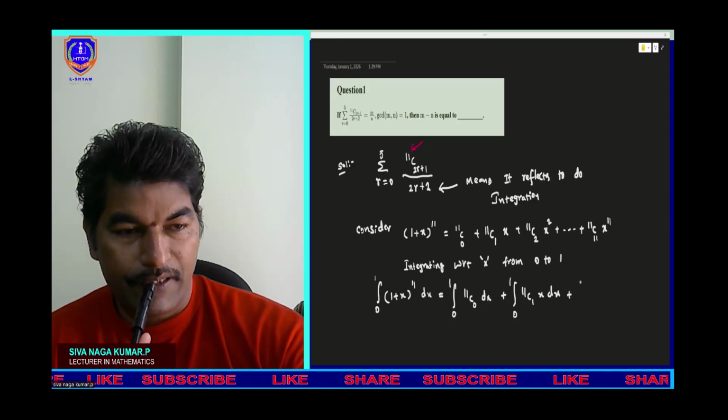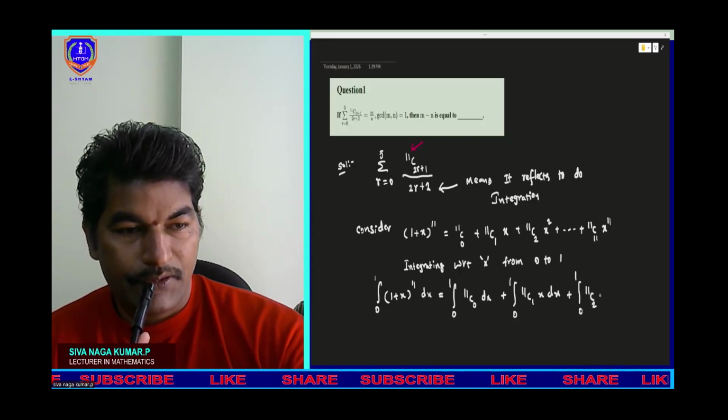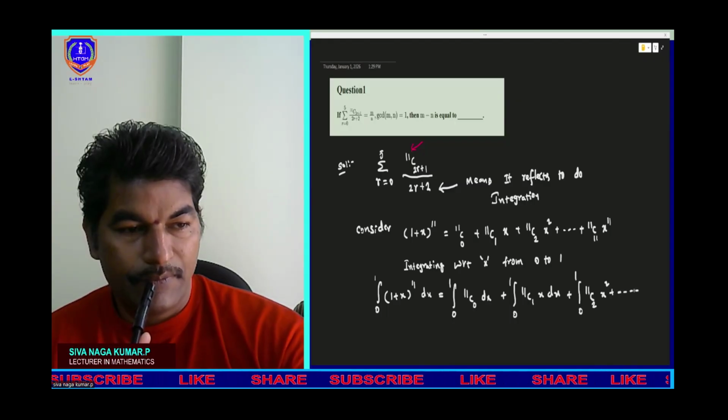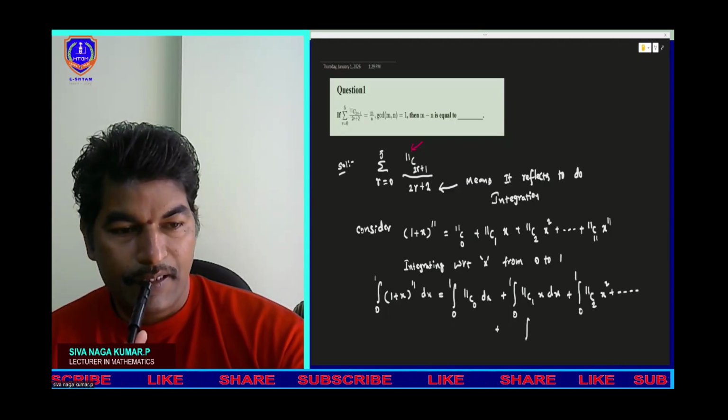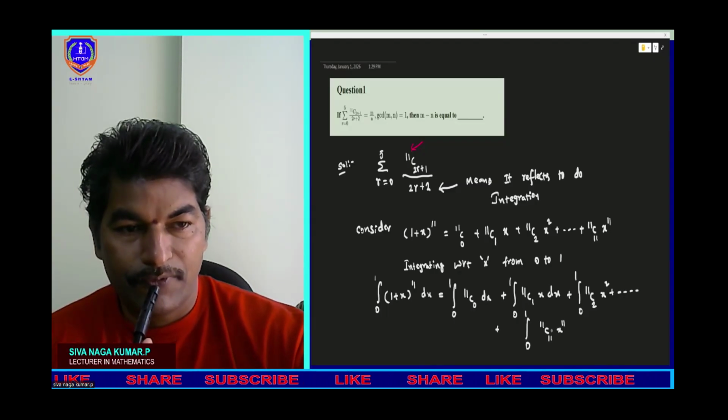It will take a minute. 0 to 1, 11C2 x square and so on, and at last 0 to 1, 11C11. If you want, you can fast forward a little bit.